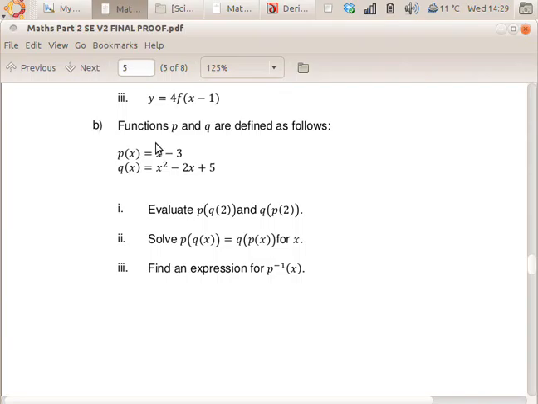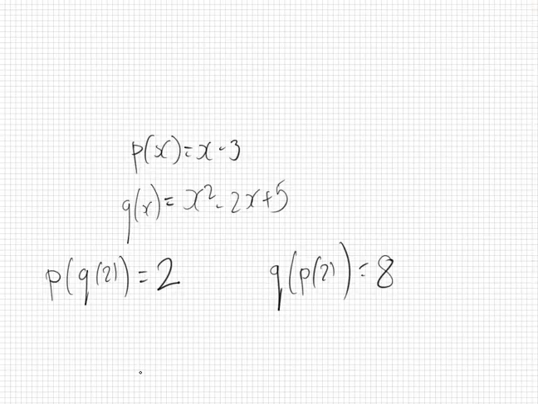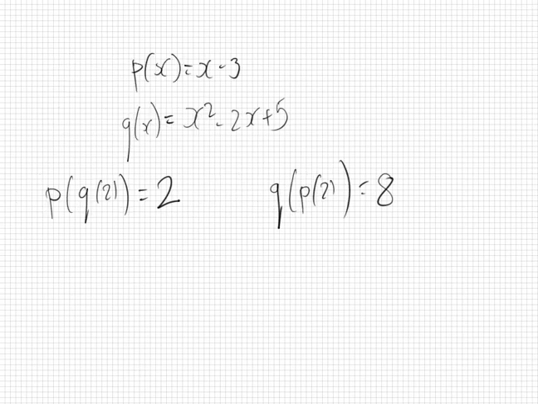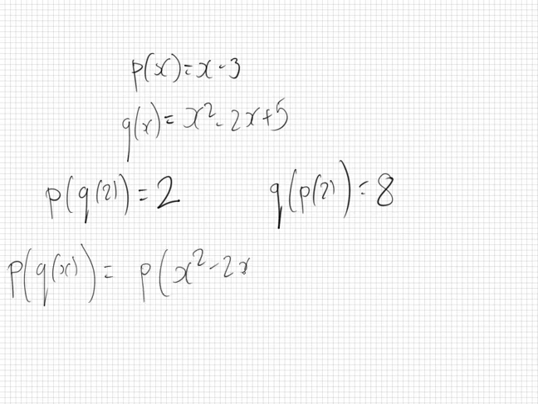Now, the more difficult part is solve PQ equal QP. So first we have to calculate PQ. PQ of x equals P of Q. Now when I put this into the P, it just becomes x minus 3. So it'll be all of this minus 3: x squared minus 2x plus 5 minus 3.